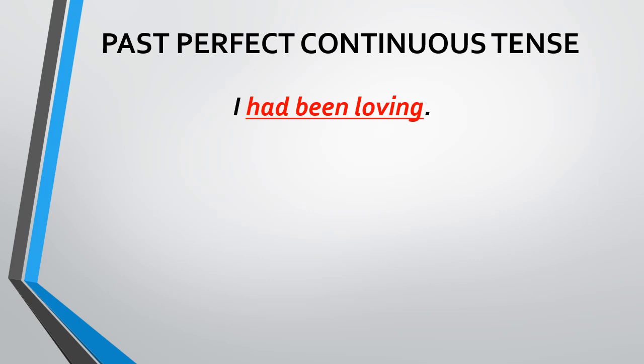The next subtense under past tense is past perfect continuous tense. You might find it a bit difficult to understand this, and sometimes we get confused between past continuous tense and past perfect continuous tense. To make it simpler, I will cite an example.